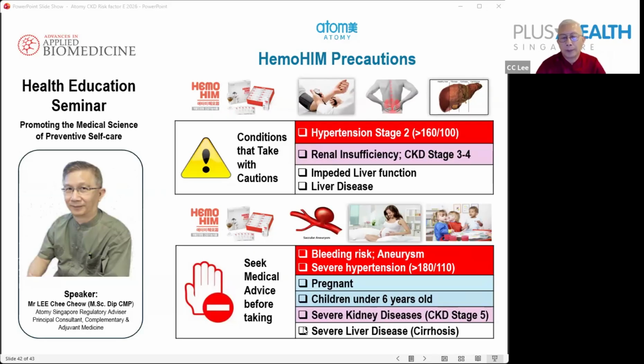And people who suffer from severe liver disease, cirrhosis itself. So these are the groups of people who should abstain from taking hemohin or should not be given hemohin, right?